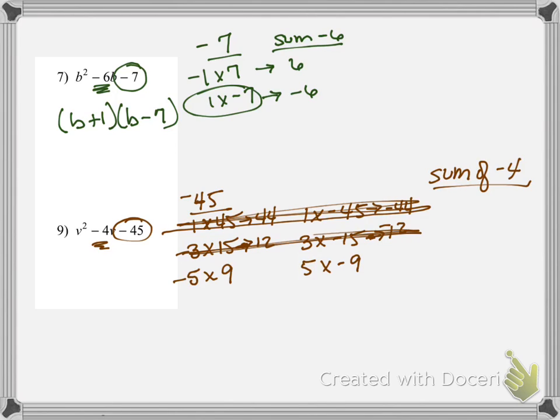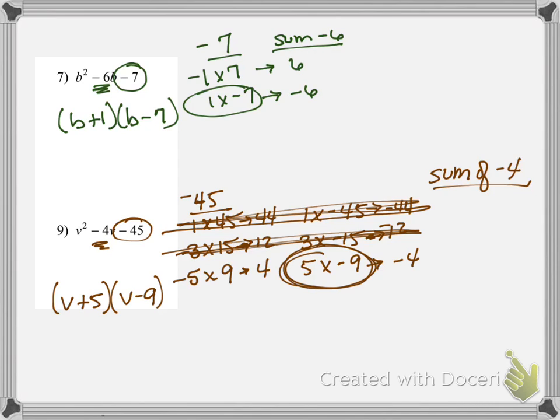That doesn't work because that's not -4. This one gets a 4, which is close, and this one is -4. So that means this is our magic pair of numbers, and we're just going to plug that straight into our binomials. We're going to say +5 and -9.